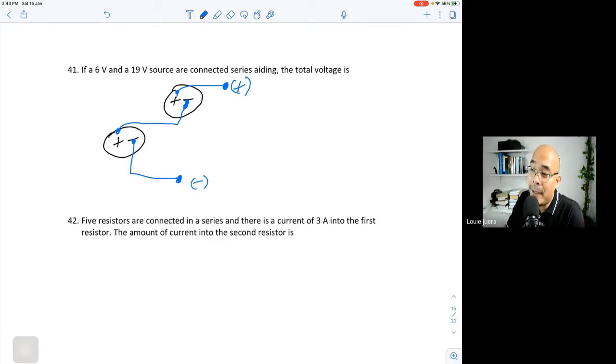What will happen if we incorrectly connect this one?